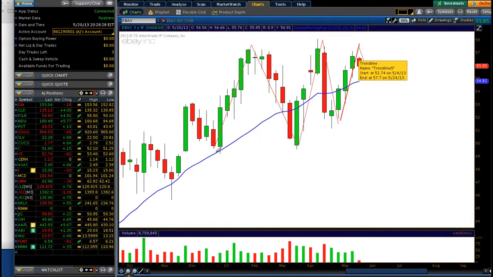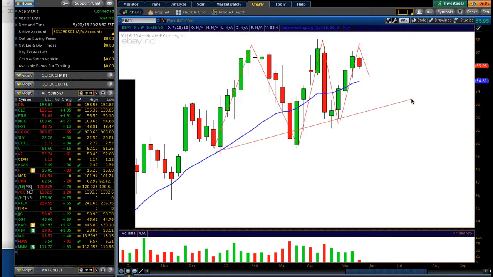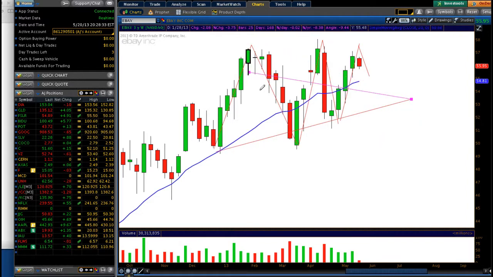And what we're seeing here is a neckline that would be drawn from these lows. So here's the pattern. You have a left shoulder, head, and it looks to me the right shoulder is forming. If it breaks down below the neckline, watch out below. This thing's coming crashing. So with eBay, you really have to watch out on this.